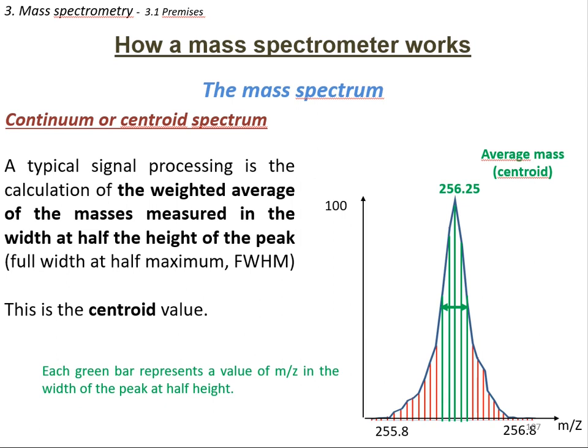So you see, I take the half maximum intensity, and I take every measurement within this section. So these are the green bars. And I make an average. And the average I would get is 256.25. This is the average mass. And what I've just done is to centroid the mass spectrum. I have calculated the centroid value.